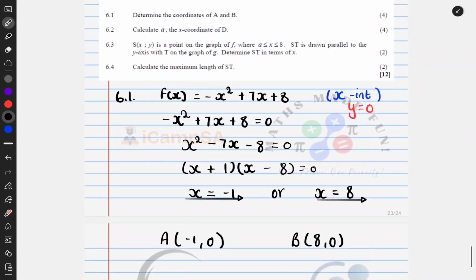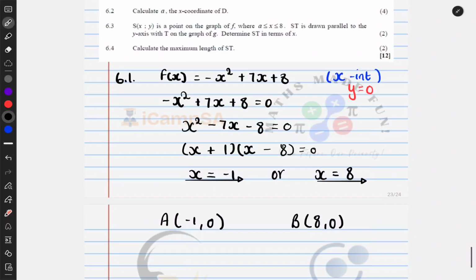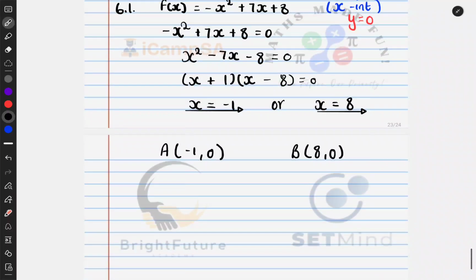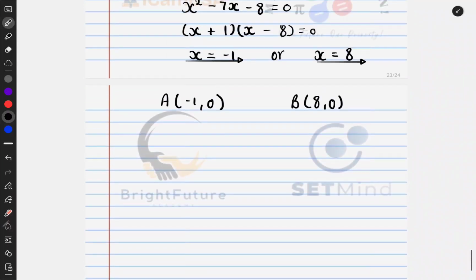So in order to find the coordinates of D, we are supposed to equate the two graphs. For 6.2, we will say f(x) is equal to g(x) at the intersection.